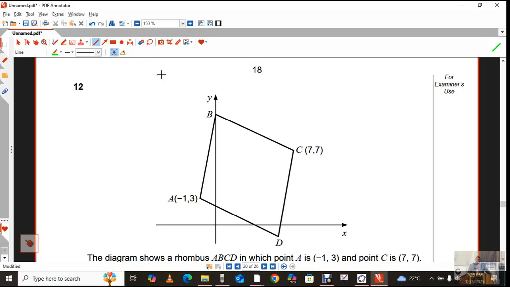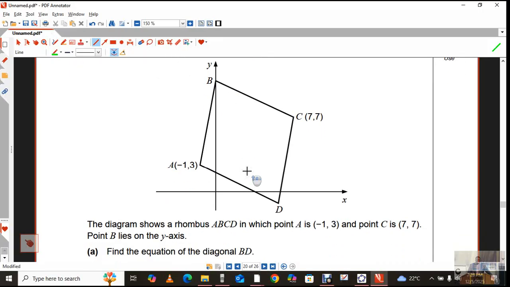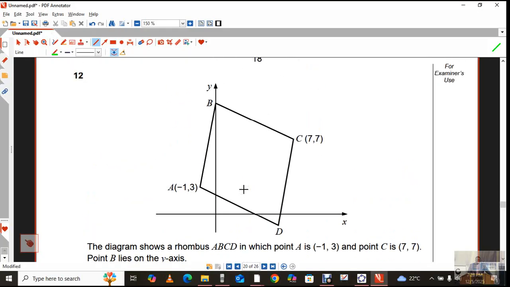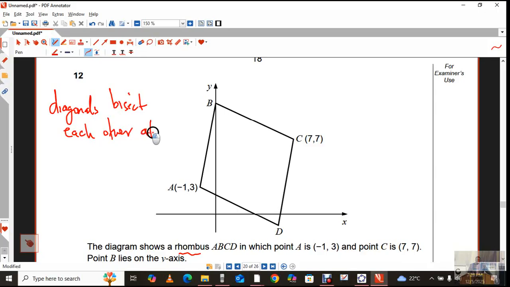So there's a few things that I want to do when it comes to a question like this. The obvious ones are what I expect you to know. You should know that the diagonals, because these are rhombuses, bisect each other. Not only do they bisect each other, but they do so at 90 degrees.